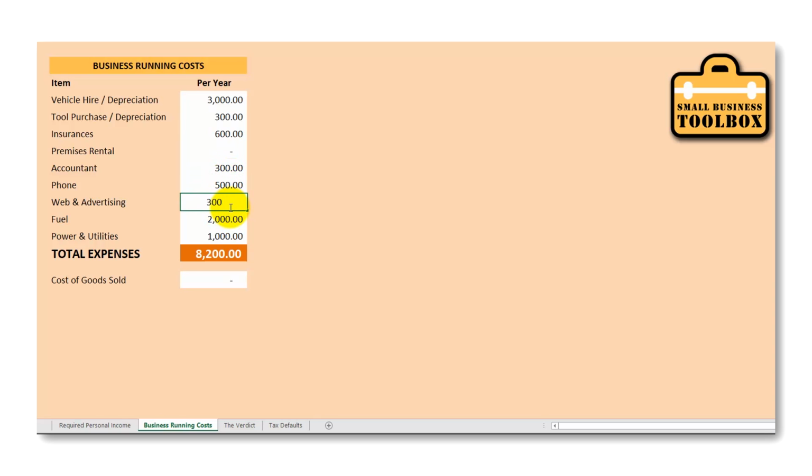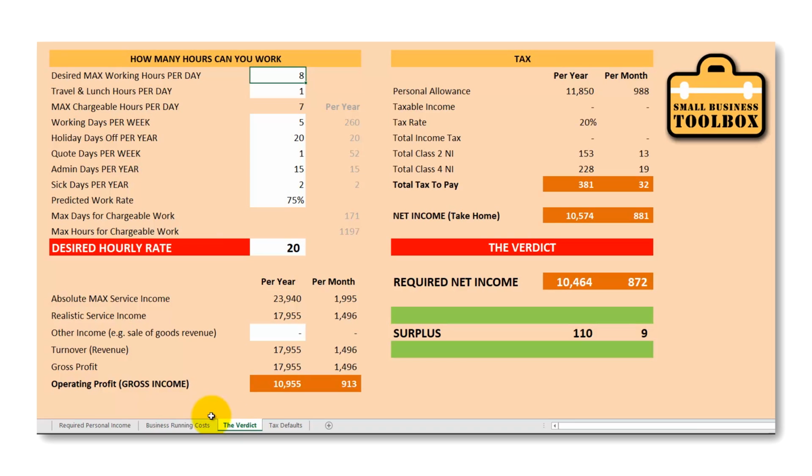Let's take the web down to 300. You're still going to have fuel. You're not going to have any of that. So you're still going to have 7 grand a year of business running costs. So even if your business running costs are pretty low, you're still going to have to be making a good £20 an hour just to survive.